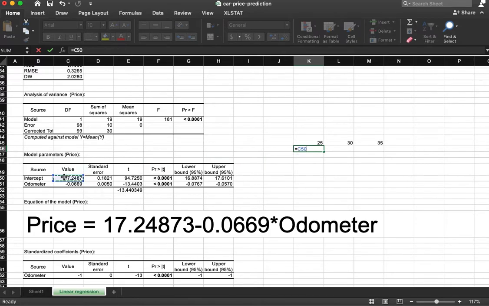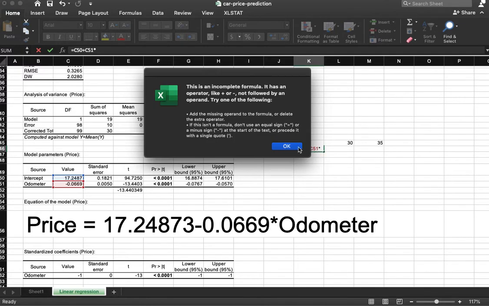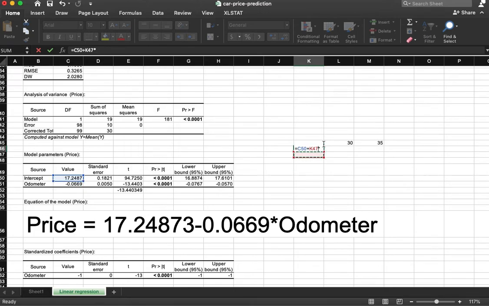So this is equal to our intercept plus the odometer times this. All right, so if it has 25,000 miles, the expected price is $15,577.